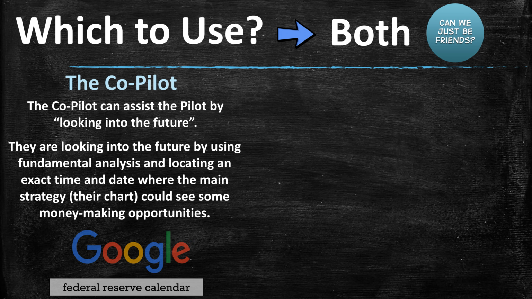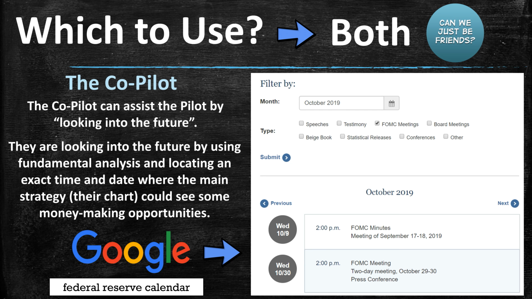And in this situation, I would definitely always pay attention to this, but with one Google search, and there are lots of other things to pay attention to. So like I said, this is not the only way you're supposed to use them together. I'm just using this as an example because it is a good real world case study. But Federal Reserve calendar. And when you run that, there's going to be all sorts of stuff out there. But from their main site, you can see right here that on Wednesday, October 30th, so remember I pointed out that chart that we were just looking at, that is on Wednesday.